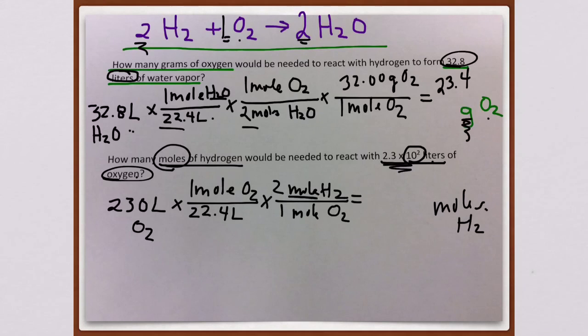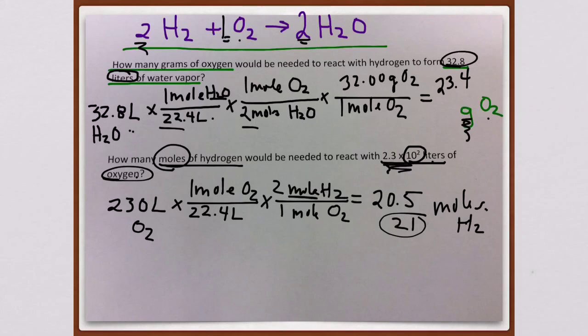Sometimes you've got 2. And so now when you do the math, we're going to go 230 divided by 22.4 times 2 equals 20.5 moles. And actually, since it's 2 digits going in, how about we round that to 21 moles of hydrogen gas.